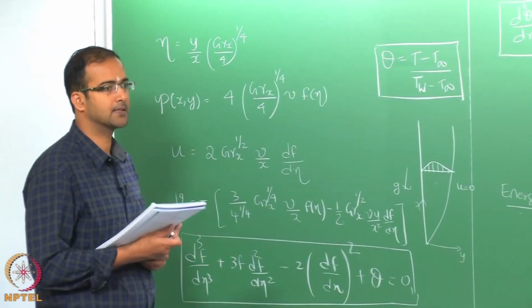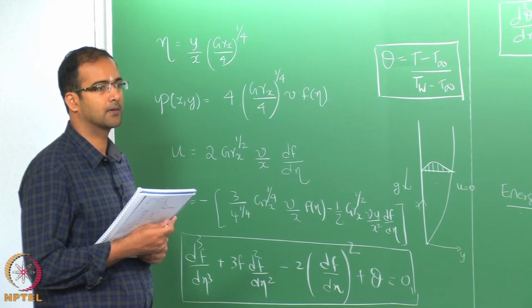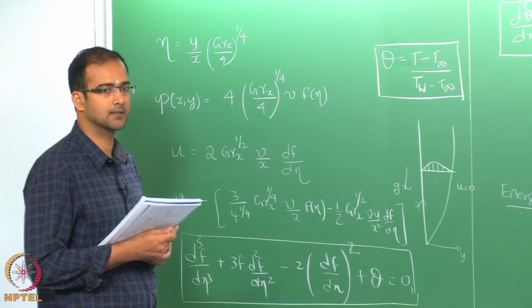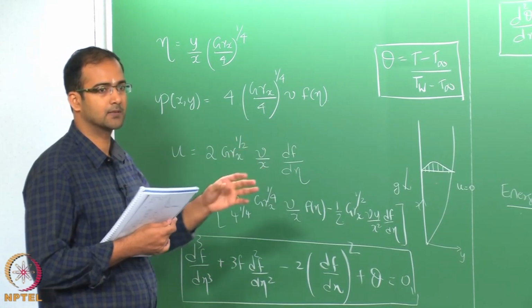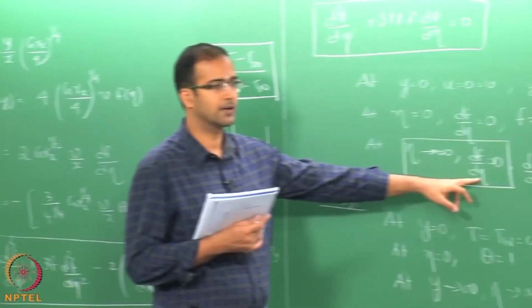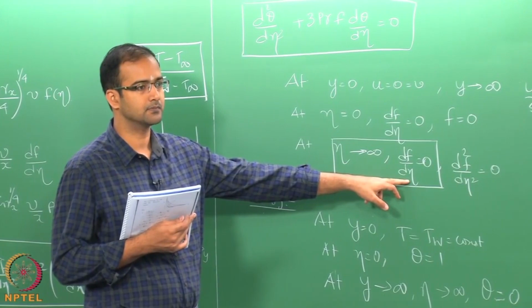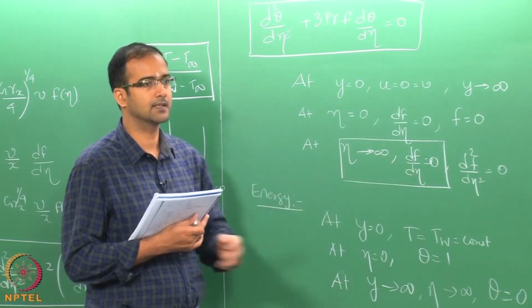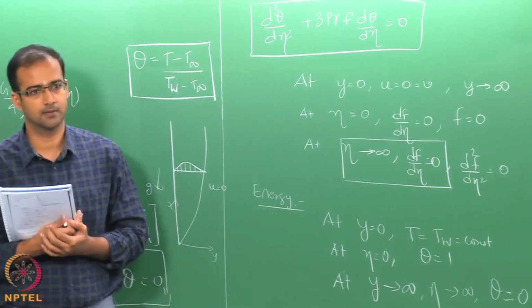So, this is pretty much the same as the original Pohlhausen's boundary conditions, only that in the case of momentum you have now df by d eta equal to 0, whereas what is the condition in the Blasius equation?